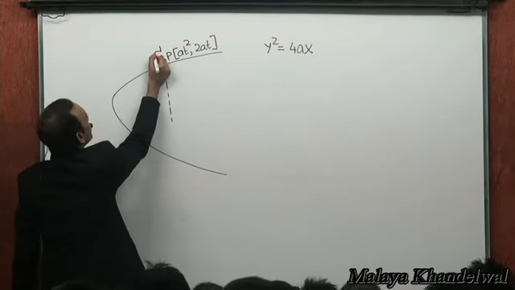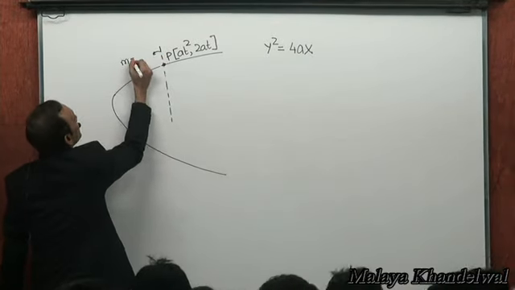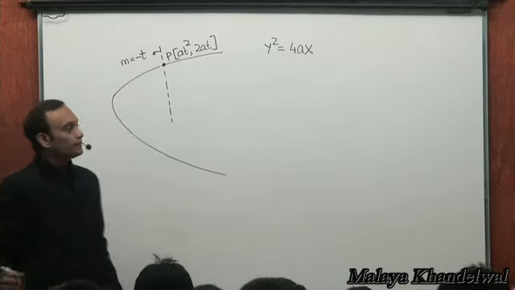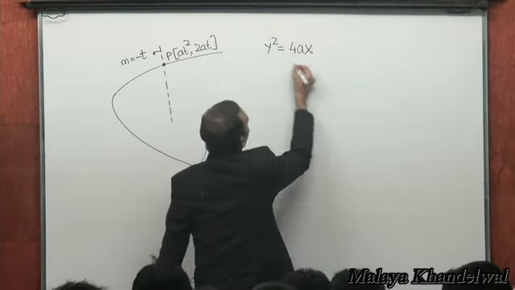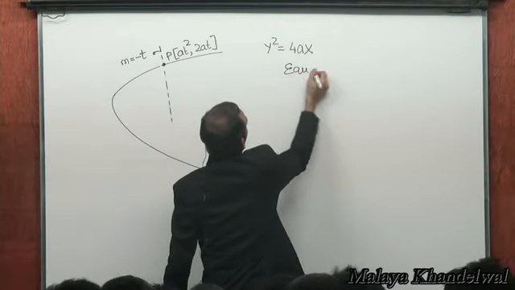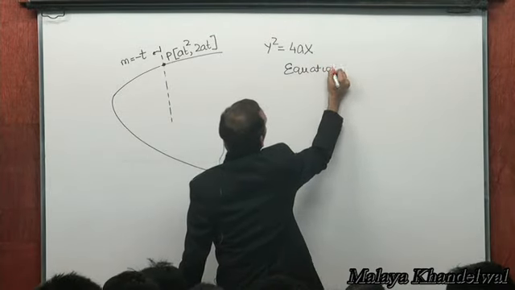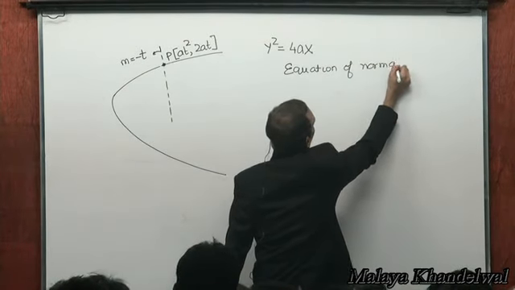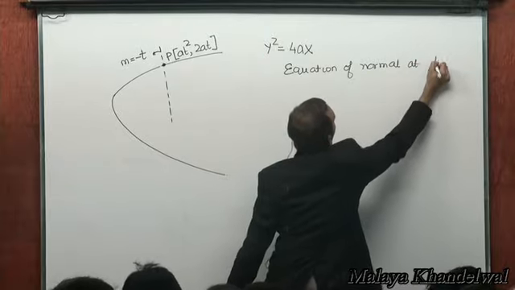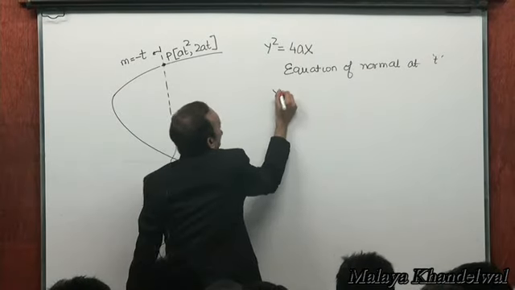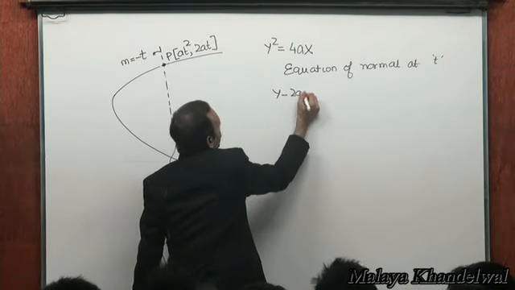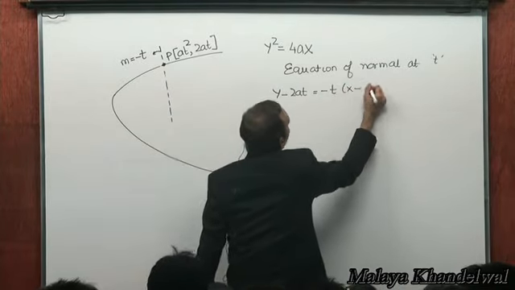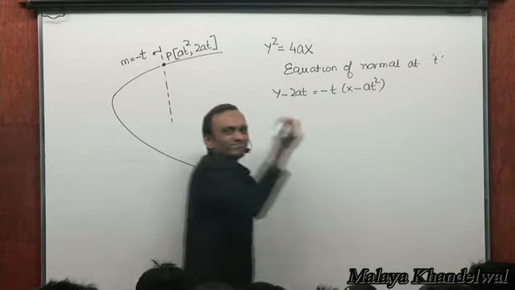Then the slope of this normal is minus t. The equation of the normal at t is y minus 2at equals minus t into x minus at squared.